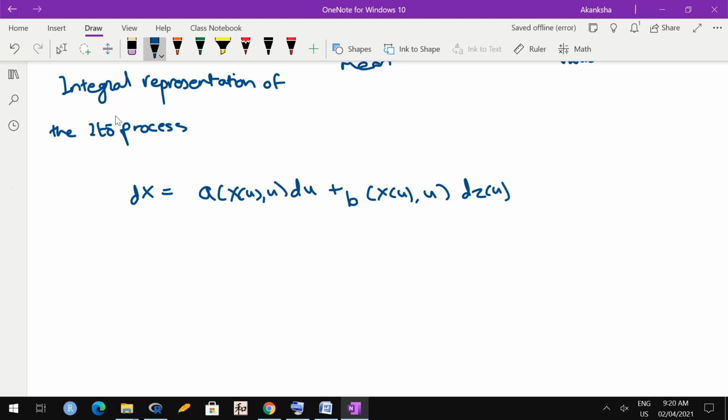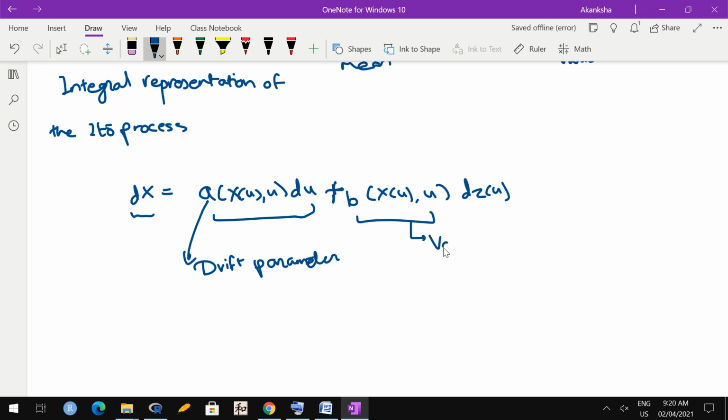Xt minus X naught is like the change in X, so we wrote it as dX, and in the other two terms the integral sign is gone. So we have this differential representation. As we mentioned earlier, this part doesn't have anything random. So this a is known as the drift parameter because it contributes to the mean of the process. Drift or shift. And this b is known as the variance parameter because of this Z there is randomness, so this is going to contribute to variance.